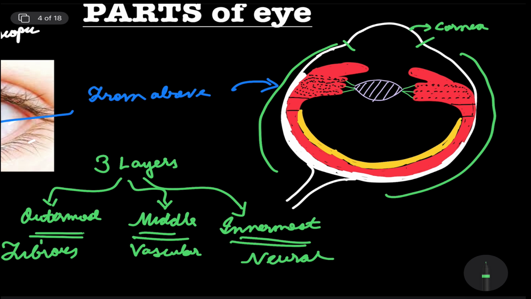So the sclera is actually surrounding the eyeball completely. It protectively covers almost the entirety of the eyeball. It extends from the cornea in front up to this structure over here, which is the optic nerve. This entire white structure that I have drawn is the sclera.